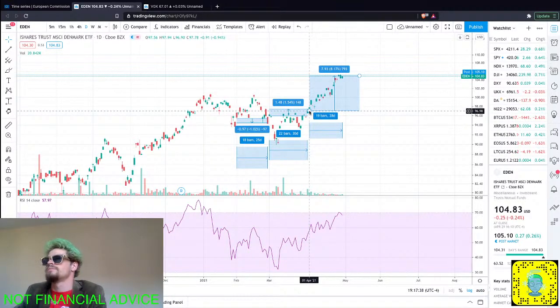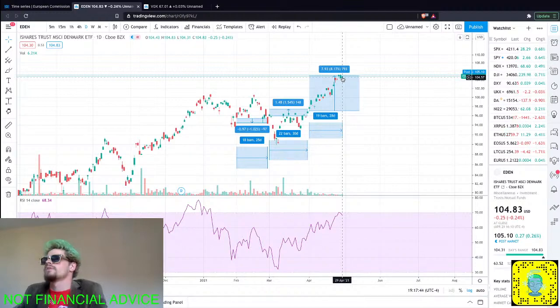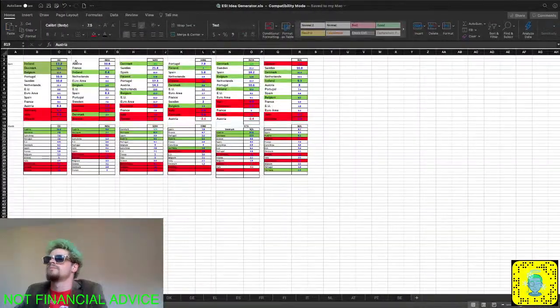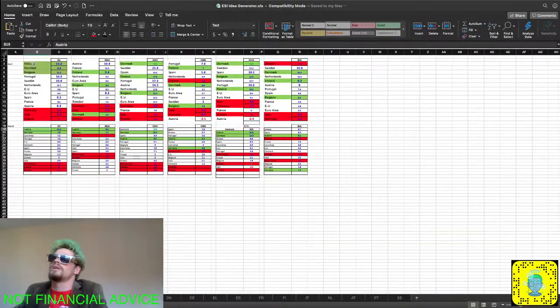It grew a lot in the price, and it grew a lot in the data that came out at the end of the month for Denmark.